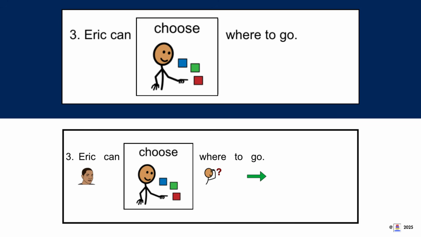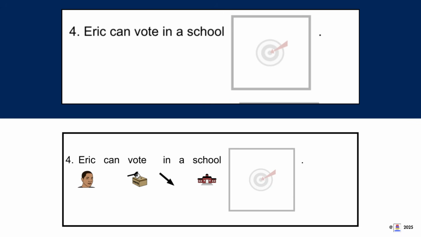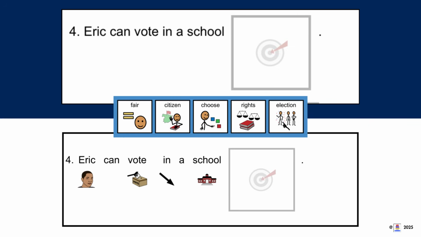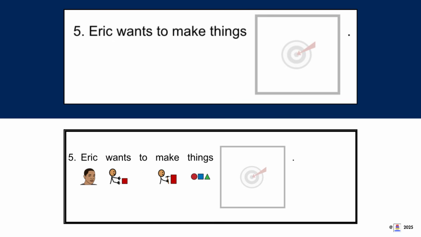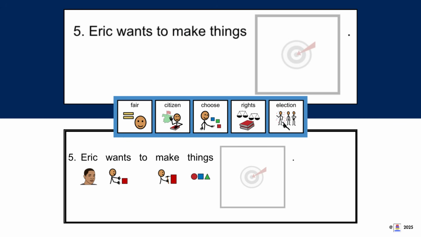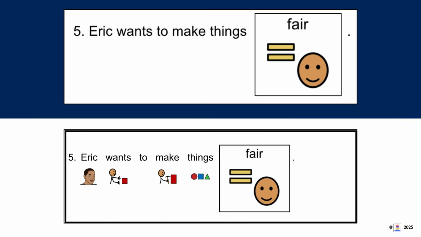Eric can choose where to go. Number 4. Eric can vote in a school blank. Eric can vote in a school election. Last one. Number 5. Eric wants to make things blank. Eric wants to make things fair.